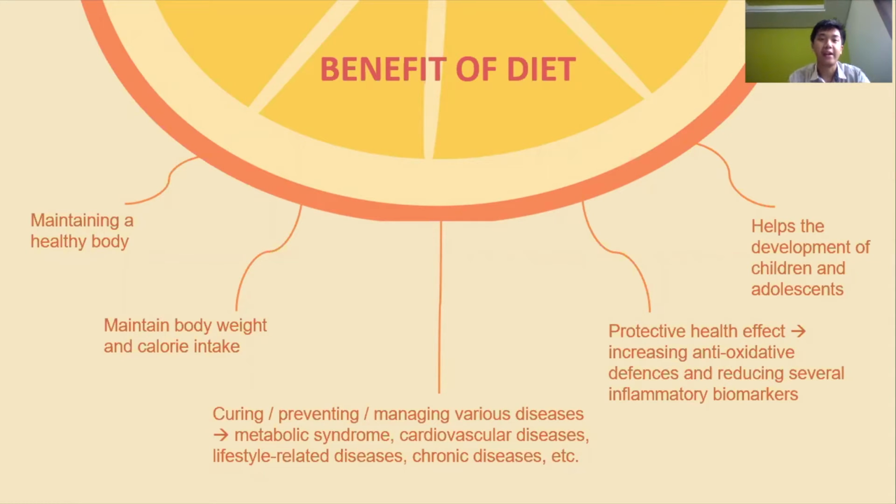The benefits of diet include maintaining a healthy body, body weight, and calorie intake. It also helps in curing, preventing, or managing various diseases. It also gives protective effects by increasing antioxidative defenses and reducing several inflammatory biomarkers, and it helps the development of children and adolescents.